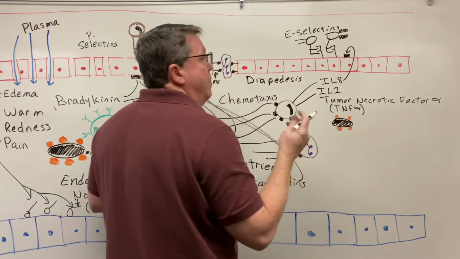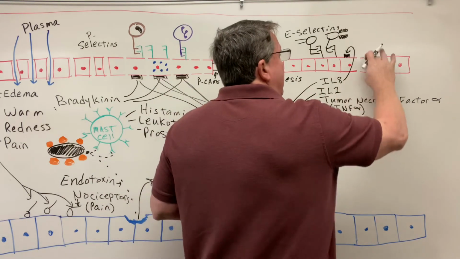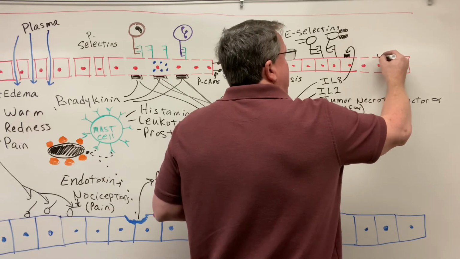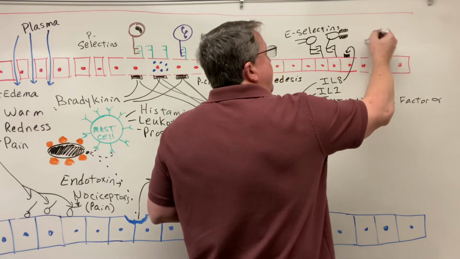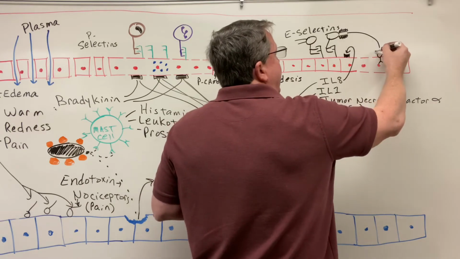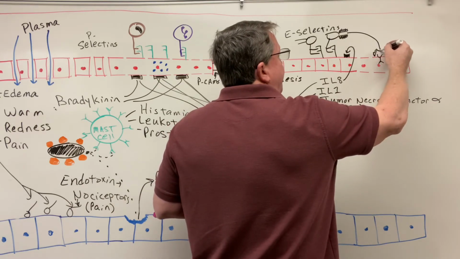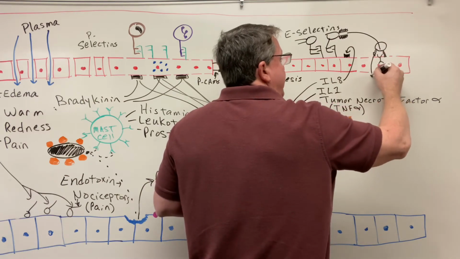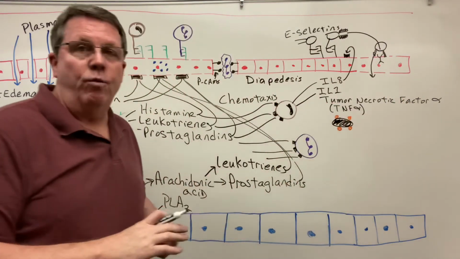Now, you also have some other selectins here, all right, which are going to be on the membrane. And when these become activated, it's going to roll over and attach to this. And then it's going to do the diapedesis, and it's going to be the same thing as we saw before.